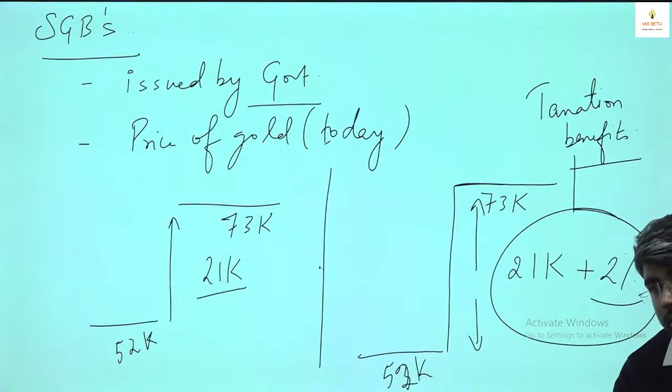Okay, understood? With this we come to the end of markets. Any difficulty, any question that you have? So I started with derivatives. Within derivative instruments I explained P-notes, participatory notes.